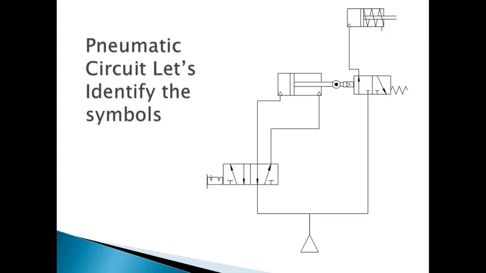Now, what do I mean? I've got 5 ways for air to come in or exit this particular valve. I've got 2 positions. That is why that's called a 5-2. So it's 5 ports, 2 positions. This is what I mean by a detent switch. You can see the little notch on that. What that notch does is once you flick that switch into position, it locks it in place. Okay?